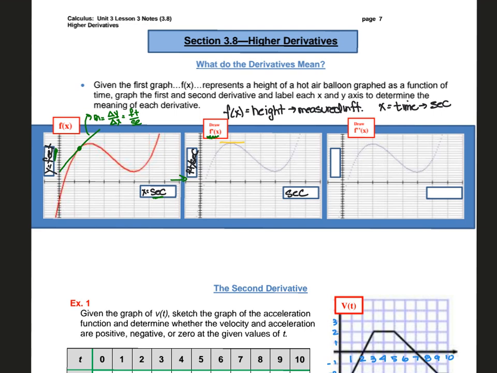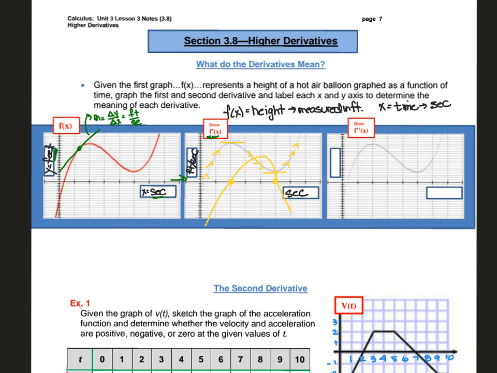We have a horizontal tangent up here, which translates to a spot on the x-axis, and we have another horizontal tangent over here, which is a spot on the x-axis, and then our graph is going up, and then our graph goes down, and then it goes back up, which translates into negative slopes, and then positive slopes, and then more negative slopes.